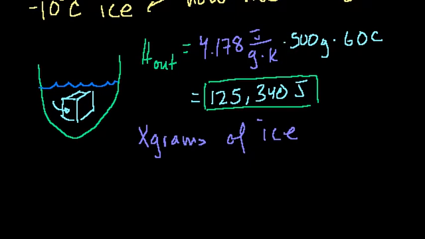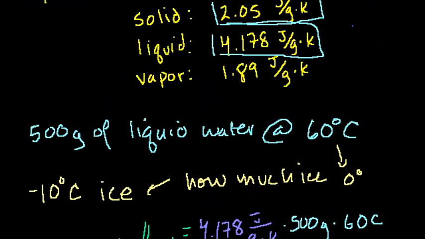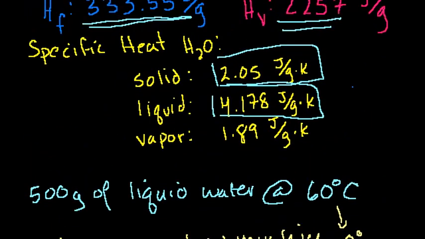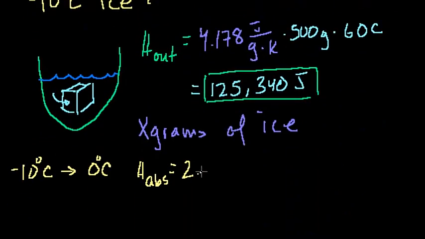The heat absorbed by the ice is equal to the specific heat of ice water, 2.05 joules per gram Kelvin, times the amount of ice, that's what we're solving for, so times x, times the change in temperature. This is a 10-degree change in Celsius degrees, which is also a 10-degree change in Kelvin. So we could just do 10 degrees.